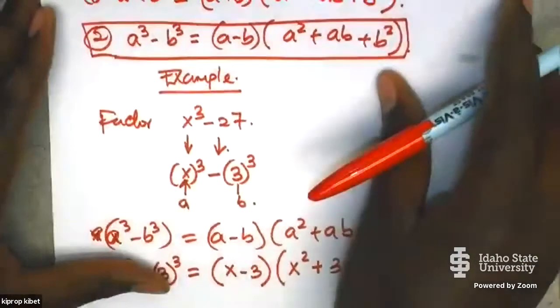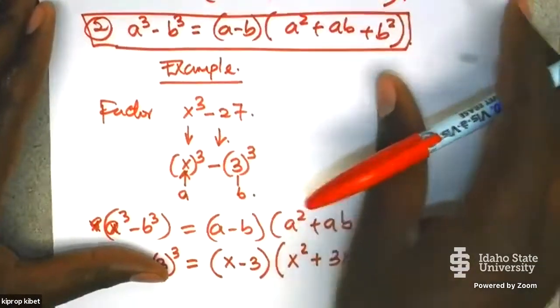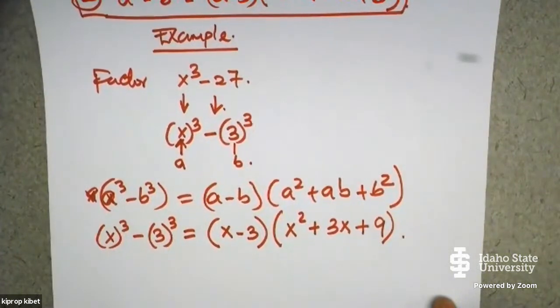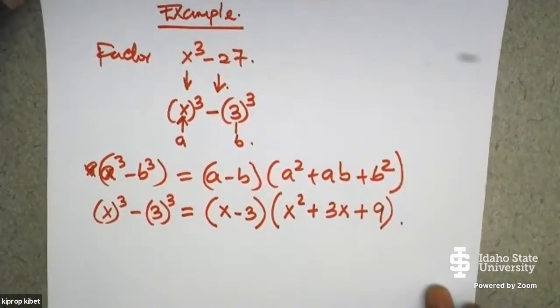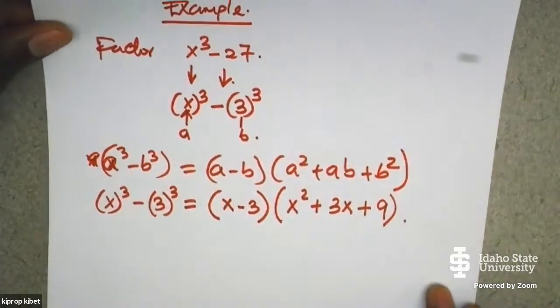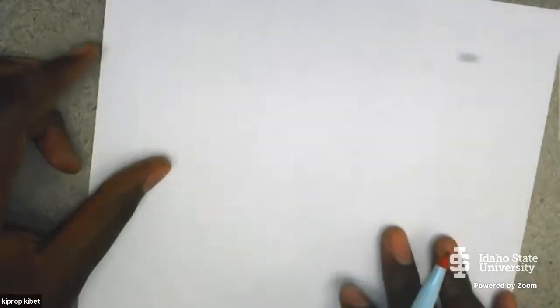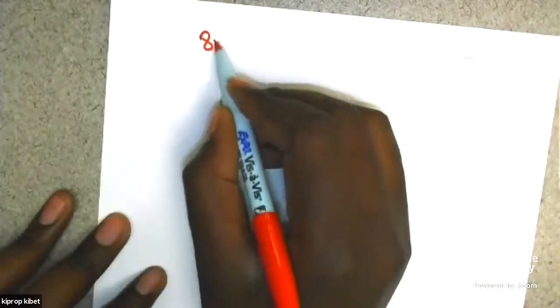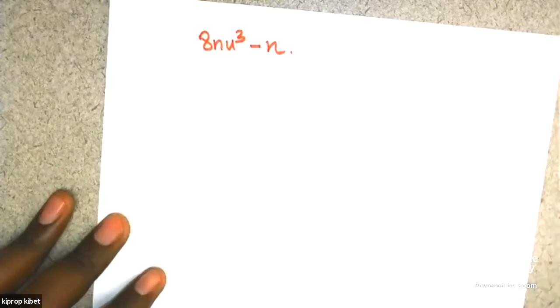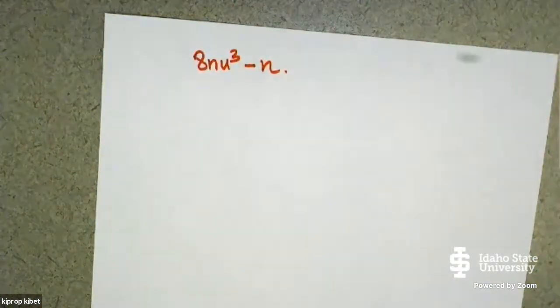Another example. Do you have any question? Okay. 8u cube minus u. 8u cube minus u.